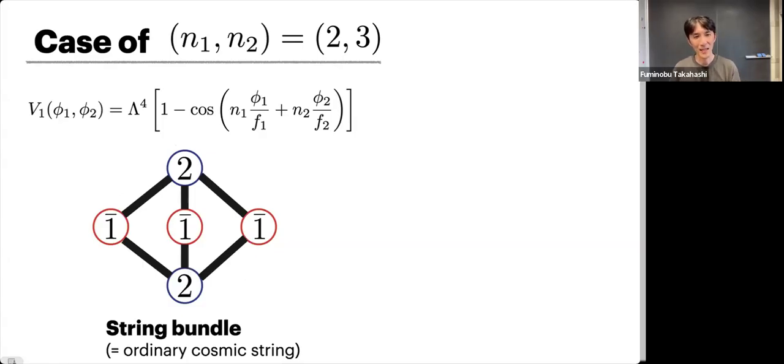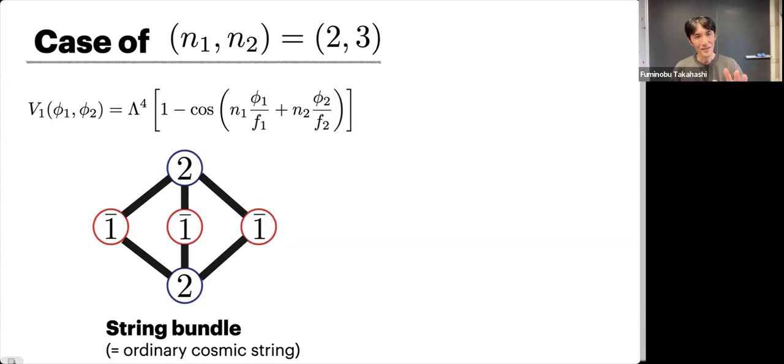And they are isolated cosmic strings. And as before, this corresponds to the ordinary cosmic strings. If you go around the string bundle, the massless, almost light axion changes by 2 pi, while the heavy axion remains constant if you go around this object.